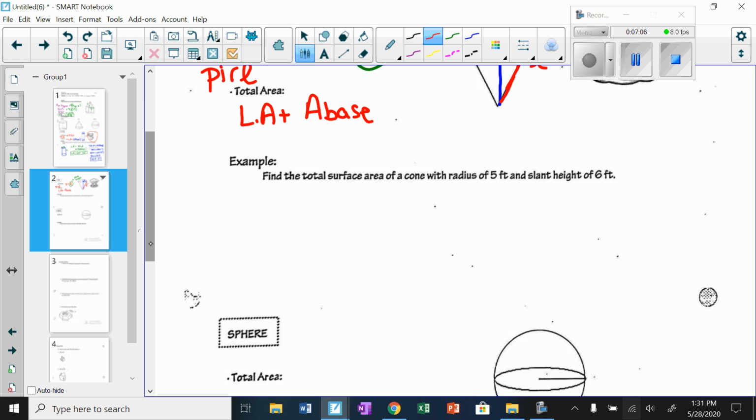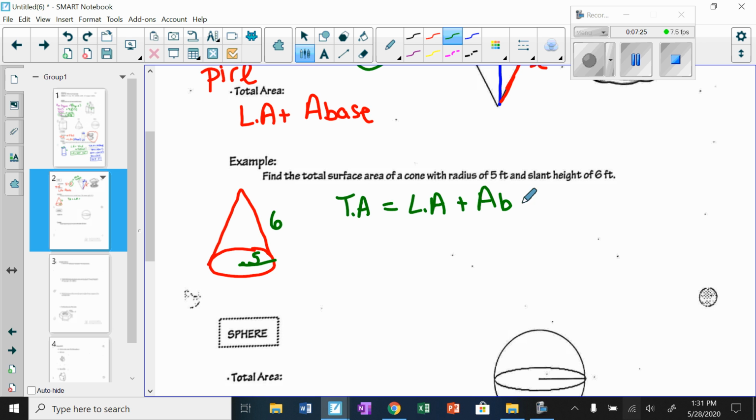So find the total surface area of a cone with a radius of 5 and a slant height of 6. So here we go. Here's our cone. It's saying our radius is 5 and our slant height is 6. So the total area is going to be the lateral area plus the area of a base.